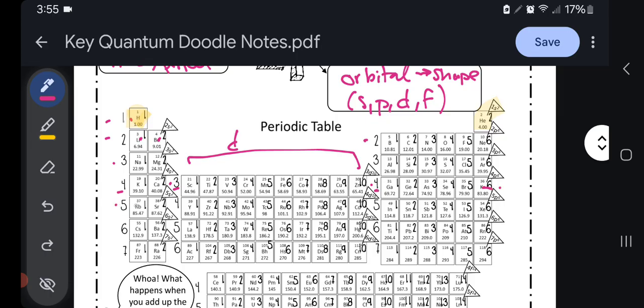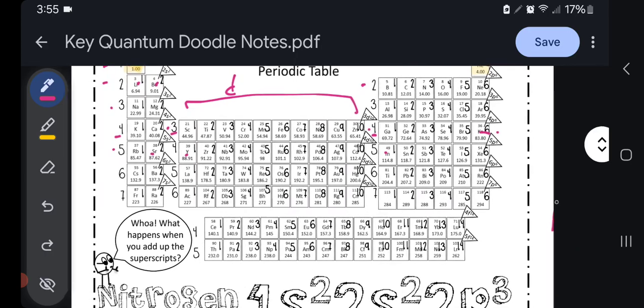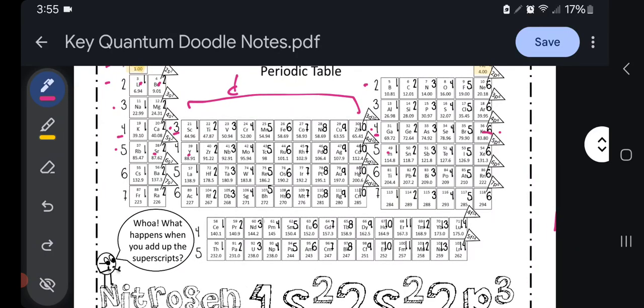Then you come back to 5, fill 5s 1, 2, and you go 4d 1 through 10, and then you jump over to 5p. So you can use your periodic table really handy, but you just gotta remember that the D jumps down. Technically the lanthanides and actinides fall here, but you actually jump up a level on that one too. So the D block jumps down a level and the F block jumps down a level. If you remember that, everything else is just fine.